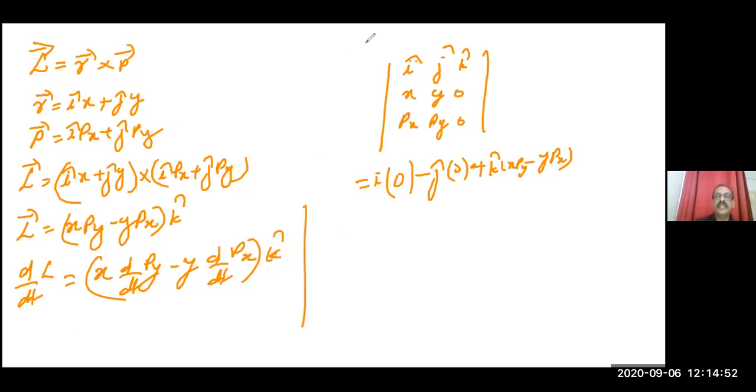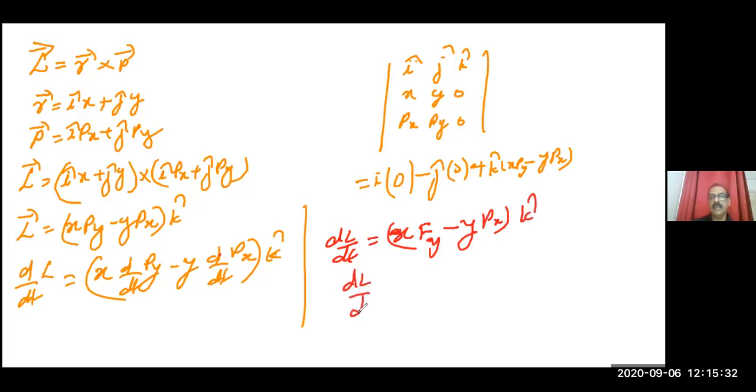Now dL by dt is equal to X into d by dt of Py, the rate of change of linear momentum, which is force, Fy, minus Y into d by dt of Px, the rate of change of momentum along the x-axis, Fx, into K. This component is torque, into K. K is a unit vector, a constant.